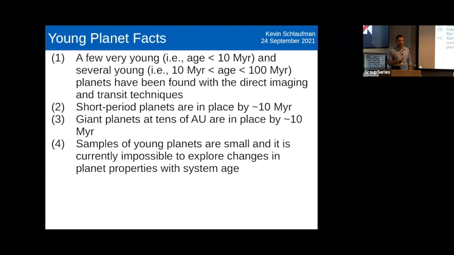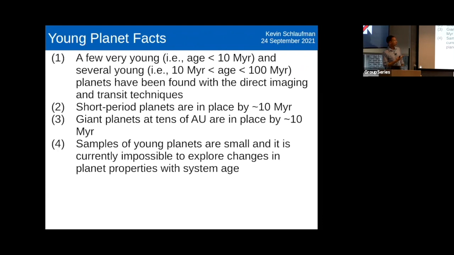And what these things have told us is that short period planets are in place by about 10 million years. There are some models for how giant planets close to their host star get in place that would say maybe you have to wait a little bit. And we're now consistently seeing that there are short period planets there pretty much as soon as we have any hope of seeing them.